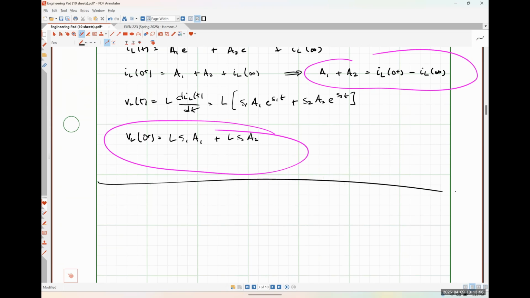Just generally speaking, I don't want to do it in terms of Y, because I don't want you to forget that you have to include the capacitor value or the inductor value where appropriate.